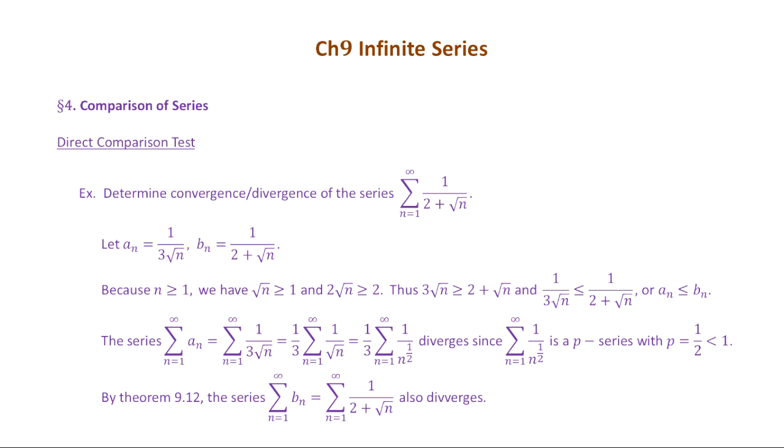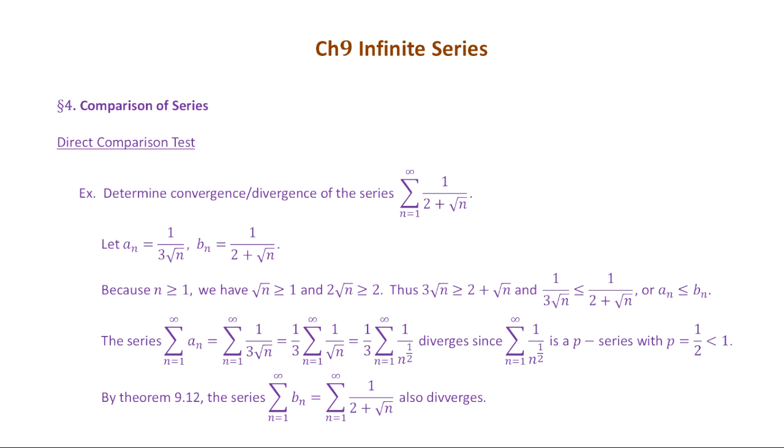That means the sum of all of those 1 over n to the half blows up. If you multiply 1/3 on it, it still blows up, right? It's infinity, you multiply 1/3 it's still infinity, all right? So that means a_n diverges.